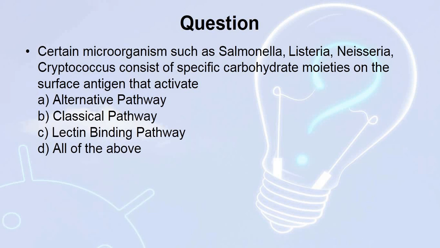Alternative, classical, lectin or all the above pathways. Option C is the right answer, lectin pathway, because the lectin pathway recognizes microorganisms such as these, and even HIV-1 the lectin pathway does recognize.